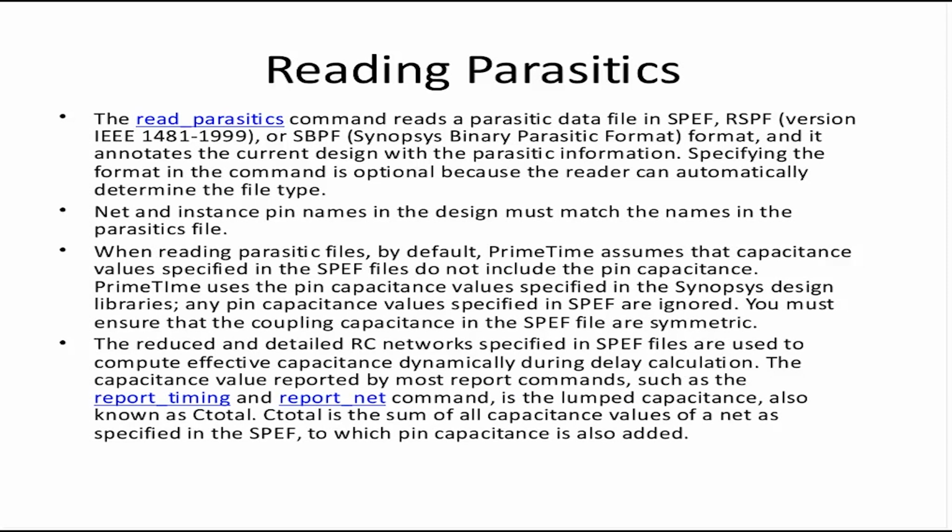This is to speed up the delay calculation, and it will show this lumped value when you do a report_timing or report_net command. It will not show us how it calculated the effective capacitance, how many segments there were, or what algorithm it used to calculate this value of C effective.